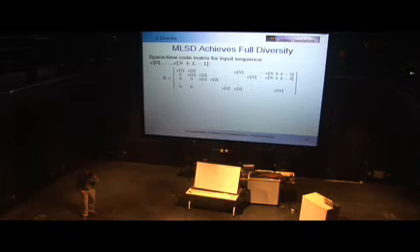Full diversity means what? Think back at the rotation code, right? We basically want the vertical distance and the horizontal distance both non-zero for every pair of codewords. That means you want the diagonal difference matrix to be non-zero in each of the components.